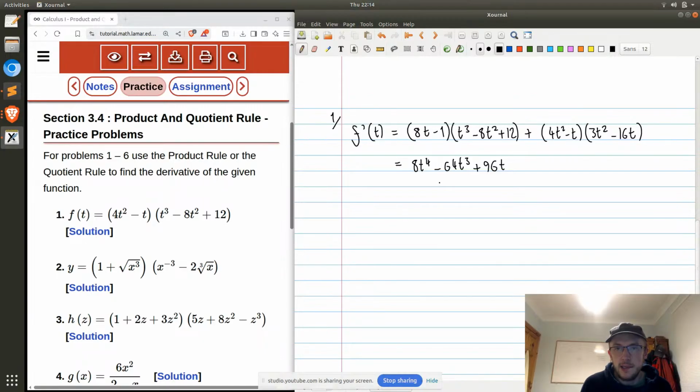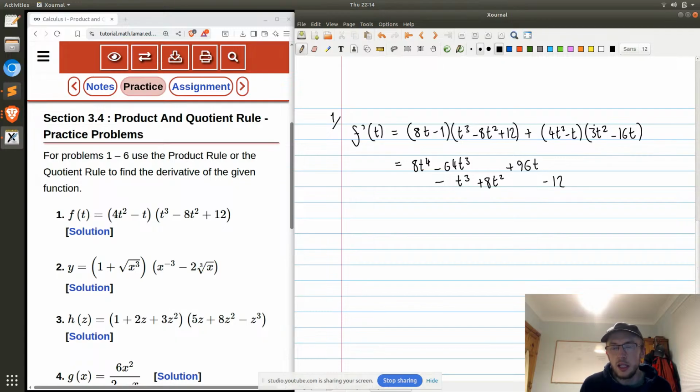And yes, so I'll get -t cubed plus 8t squared. Okay, this is good. I'm thinking about the structure. Plus 8t squared minus 12.